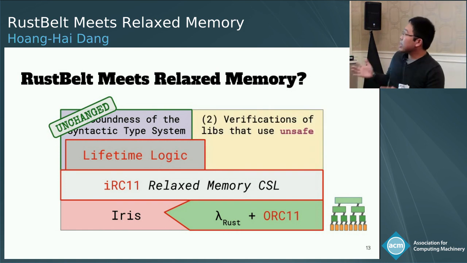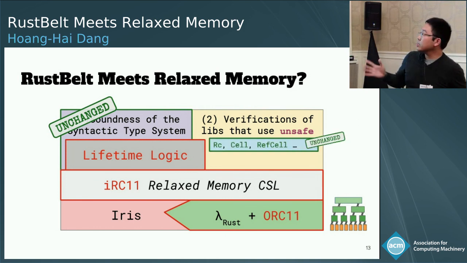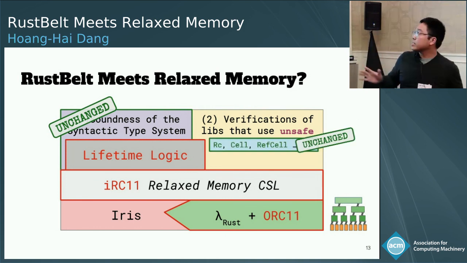And then in the second task, we have to re-verify our libraries that use unsafe code with respect to the new semantics and the new logic. Fortunately, the new semantics only changes the concurrency aspect, so we don't actually have to redo the verification of sequential libraries.